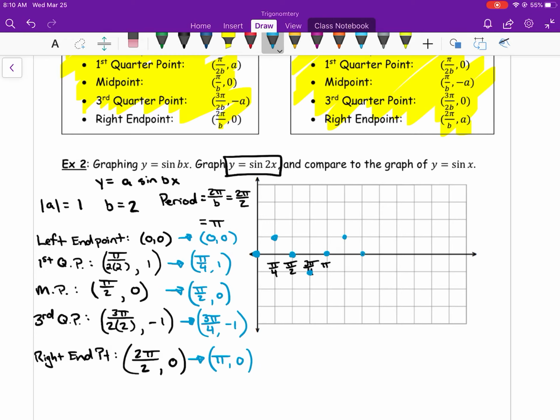So the next one will be up again. Down, down, up, up, down, down, up. So that's just stretching the graph over the period. So this is sine of 2x.